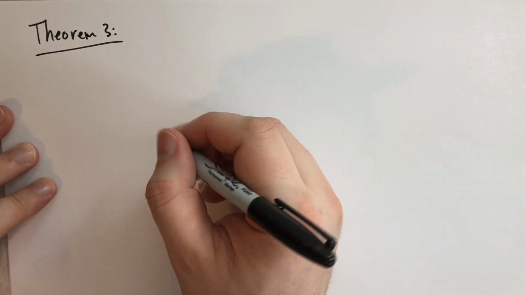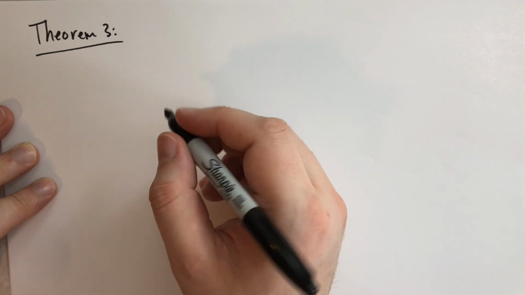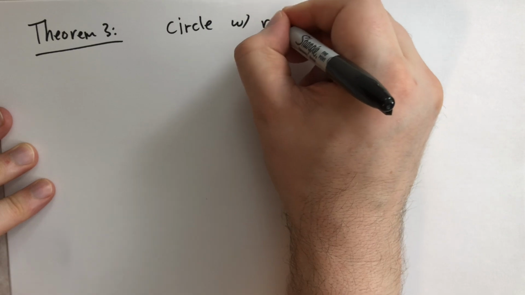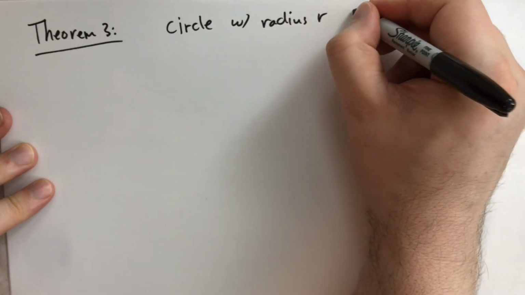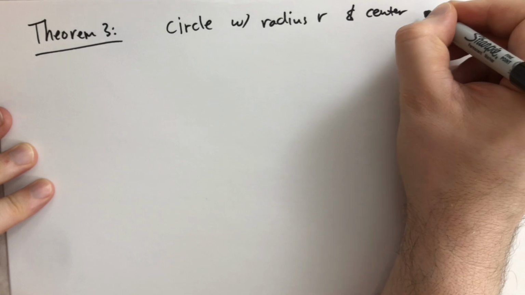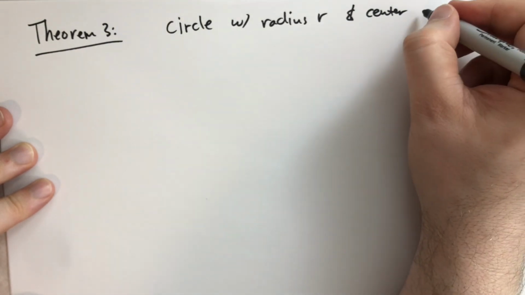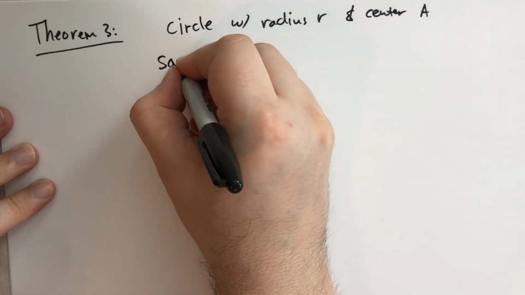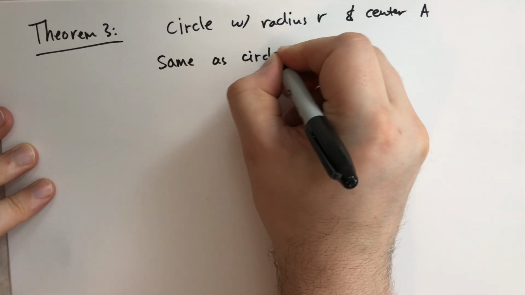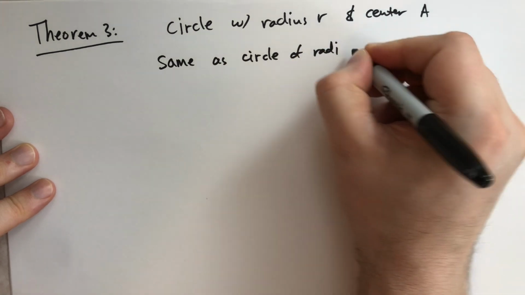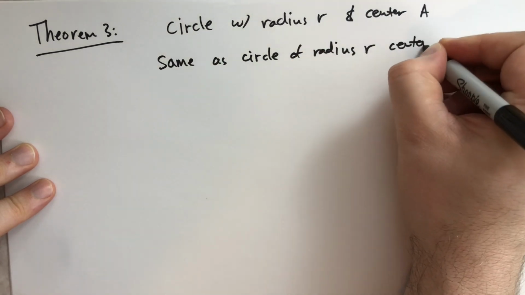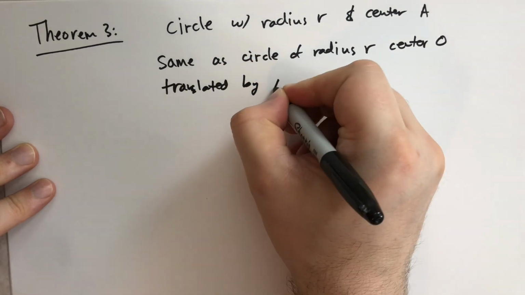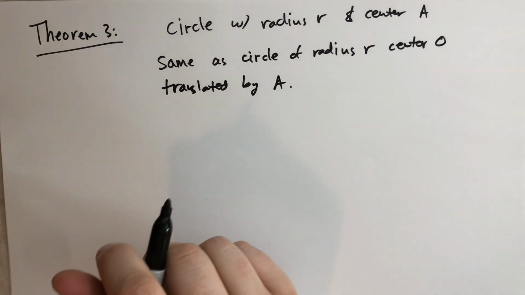The circle of radius r and center A is the translation by A of the circle of radius r and center O. So the circle with radius r and center A is the same as the circle of radius r, center at the origin O, translated by A. Okay, how are we going to prove this?